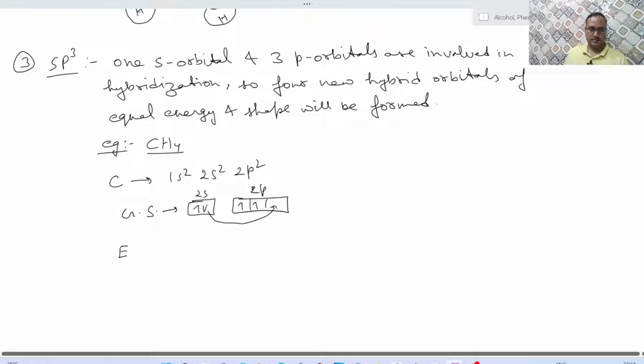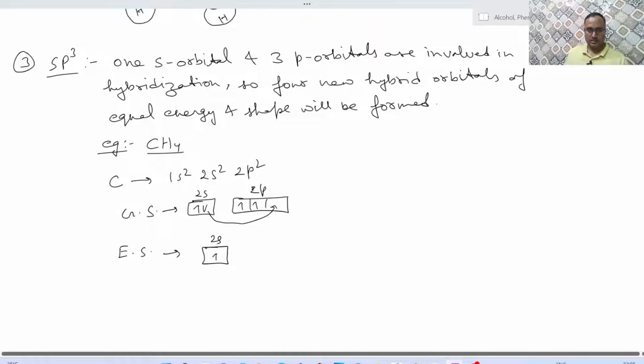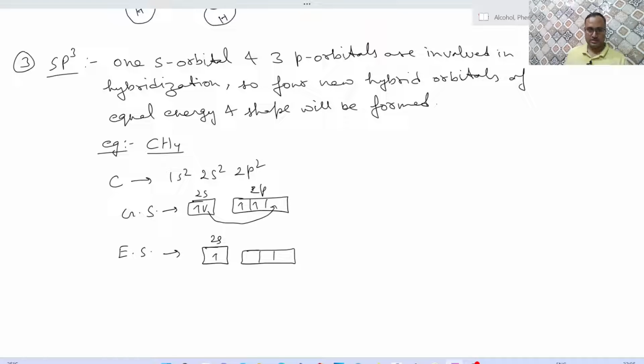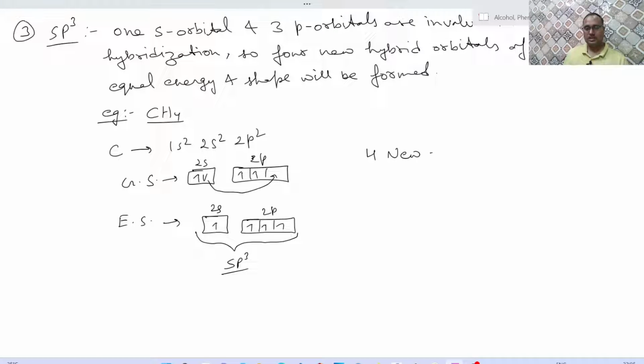So in the excited state, we can write it as one electron is left in the 2s orbital and 3 electrons are present in the 2p orbital, and they undergo the process known as hybridization, which is sp3 hybridization, forming 4 new hybrid orbitals of equal shape and energy.